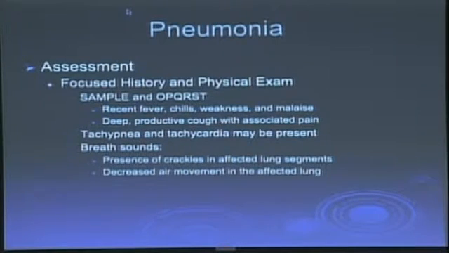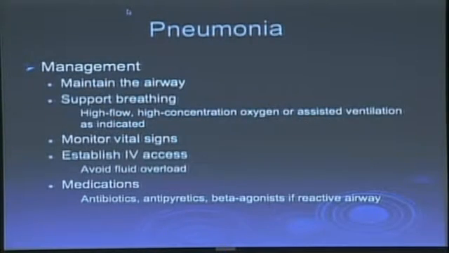The basis of the rales are present in lobar pneumonia and pneumonias. Rhonchi are also often present in pneumonias. Then there's just decreased air movement to the affected lungs, so the patient has respiratory distress.